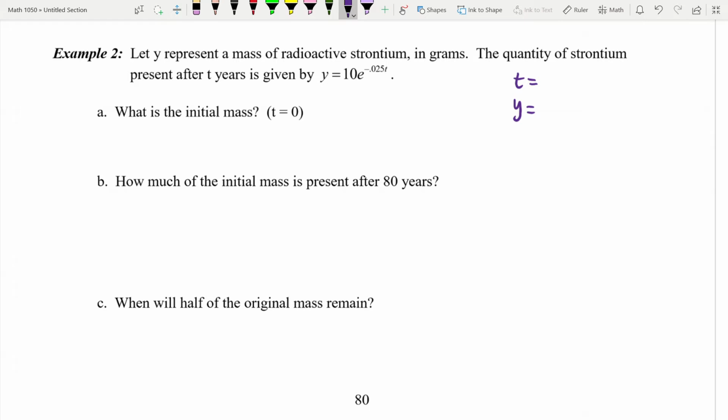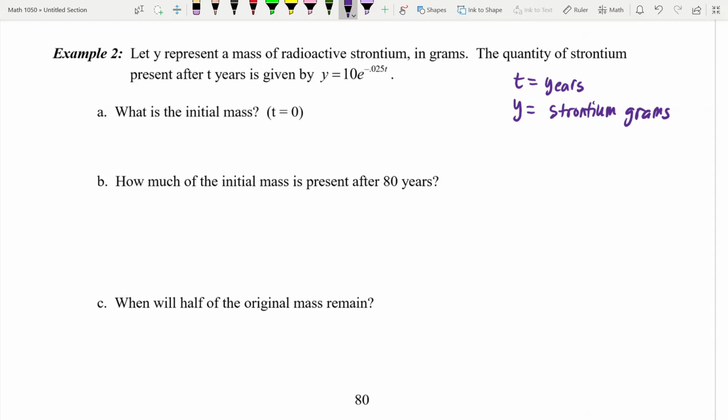Where do you put the number? So that'll take me 15 seconds to write it down, and it's going to prevent me from getting confused. Okay, so T is time, that is in years, and Y is the amount of strontium, so I'm going to say strontium in grams. Now I'm not going to get confused.